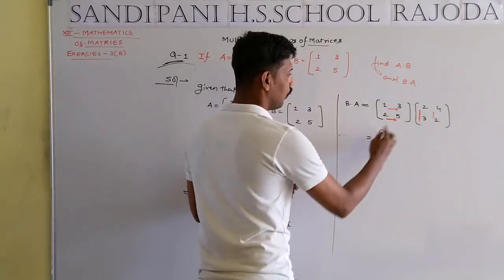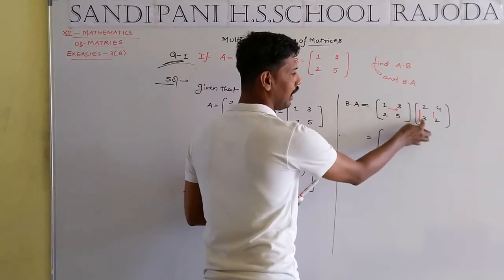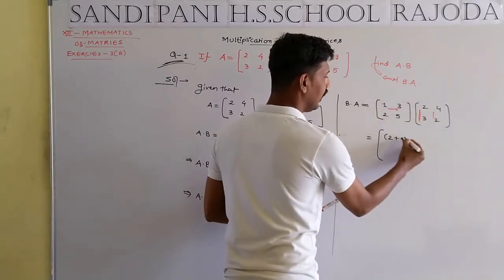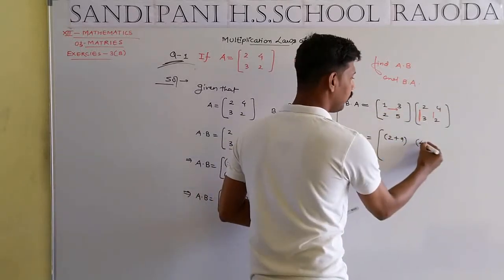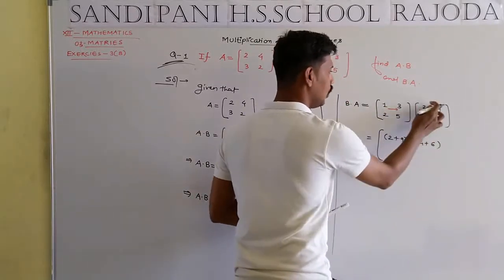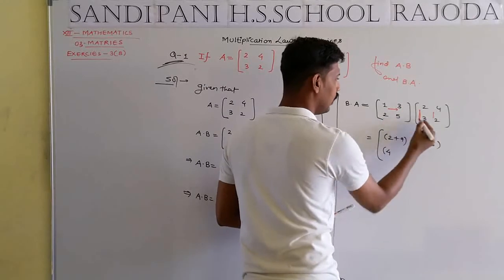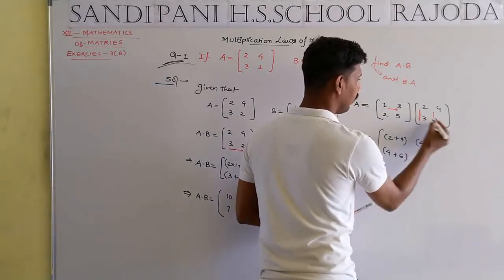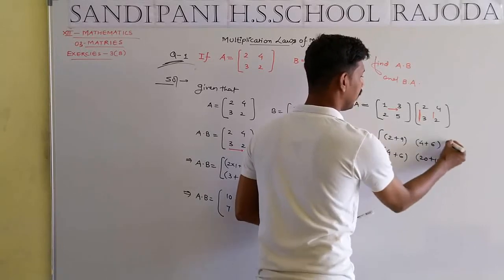Now 1 and 3 multiplied by 2 and 3: 1 times 2 is 2, 3 times 3 is 9, 1 times 4 is 4, 3 times 2 is 6, 2 times 2 is 4, 2 times 3 is 6, 5 times 4 is 20 and 5 times 2 is 10.